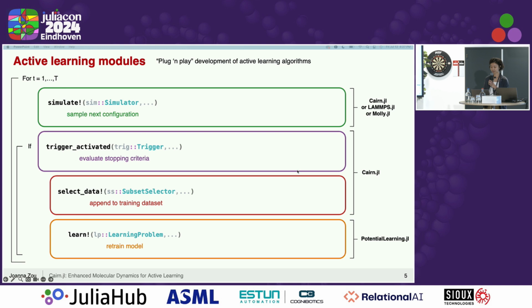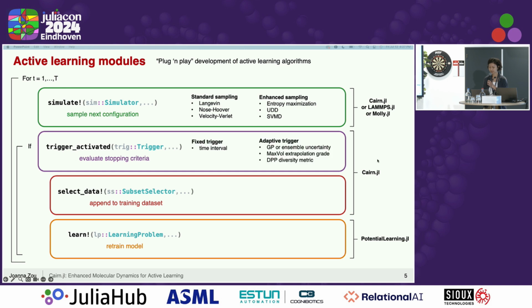abstract types. Among simulators, we can run standard samplers for MD simulation or enhanced samplers, which encourage diversity and exploration. Among triggers, we can have a fixed trigger over a fixed number of time steps, or adaptive triggers based on some criteria related to uncertainty, extrapolation, or diversity metrics.